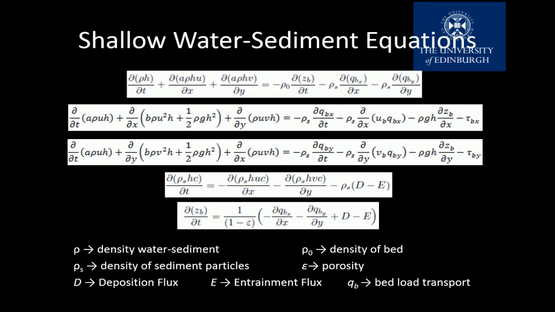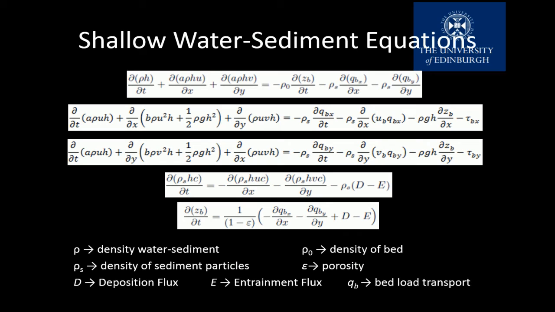And in most numerical models that look at coupled modeling, they also take this density term and place it in the source term. So this is where I wanted to try and retain this structure of the equations and see if it's possible to solve them. And then in the source terms, like in the first equation, the mass conservation of the water-sediment mixture, those source terms are related to the changes in the bed.